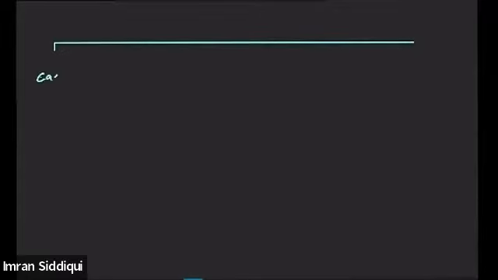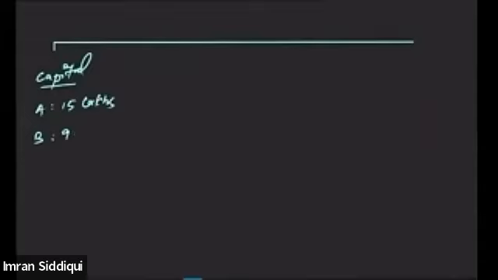Now see, in this question, at the beginning of the year, capital balances of both the partners, A and B, were 15 lakh and 9 lakh.